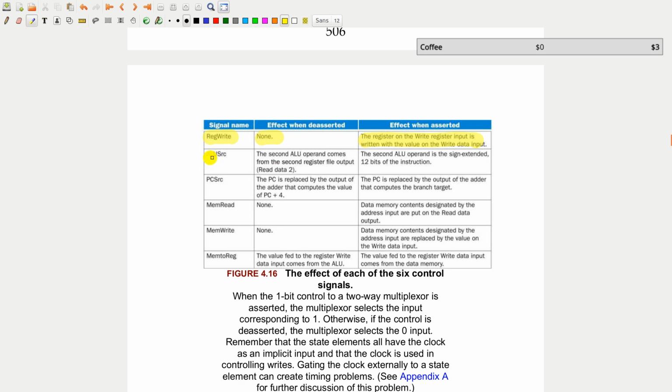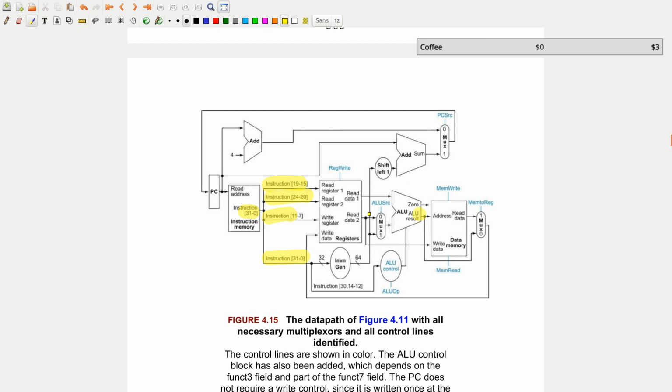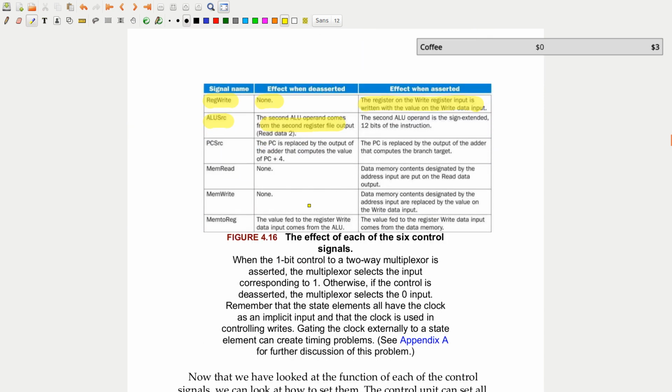Then we have ALU source. If this is deasserted, the second ALU operand comes from the second register file output. So if we look here, if ALU source is 0, we get our information from the register file, but if it's 1, we use an immediate value, sign extended, of course.